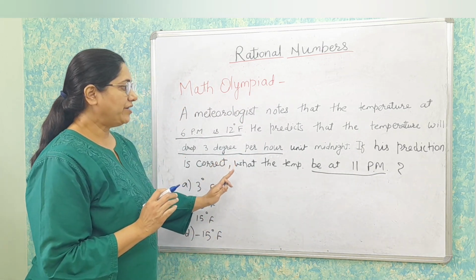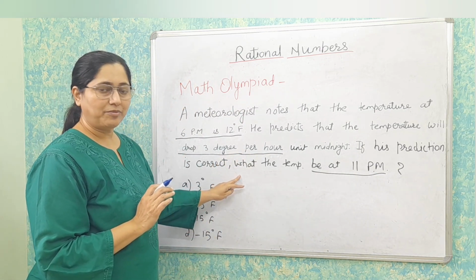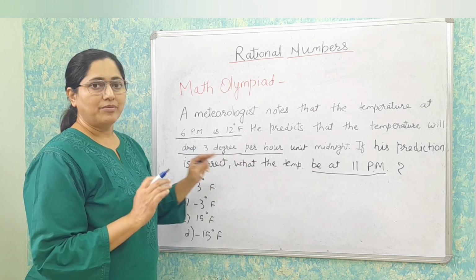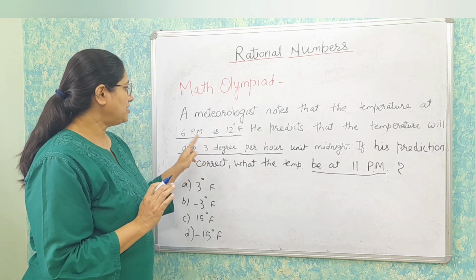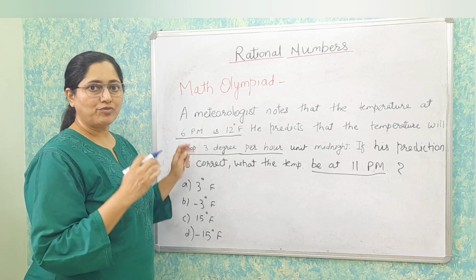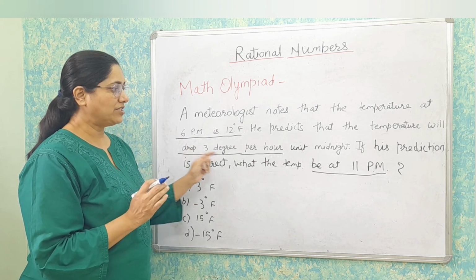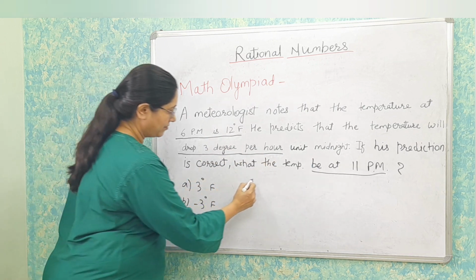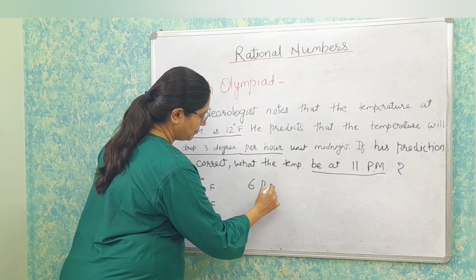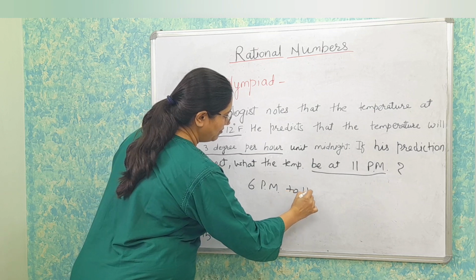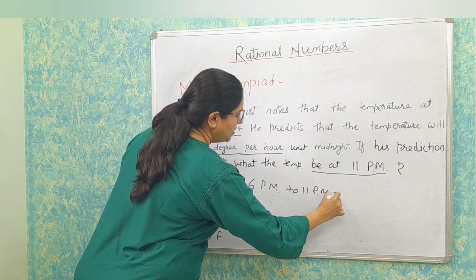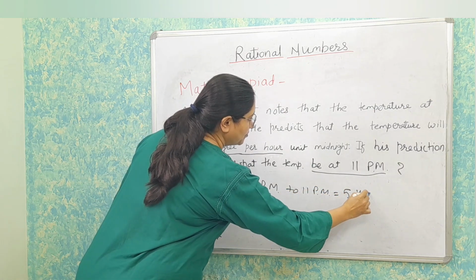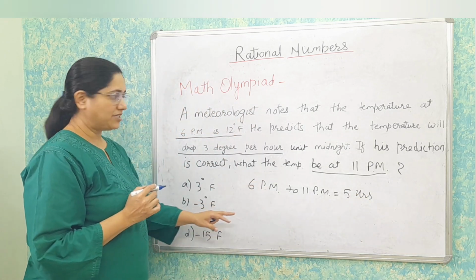So, we have to find out the temperature of that particular place at 11 p.m. But the temperature of that place is given at 6 p.m. So, first we will try to find out what is the duration of the time. 6 p.m. to 11 p.m. is 5 hours. This is the 5 hours time.